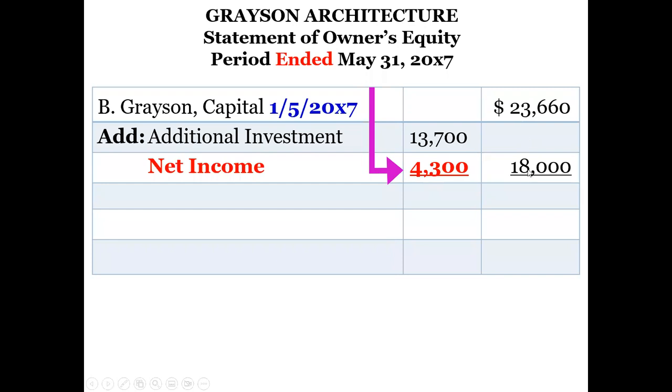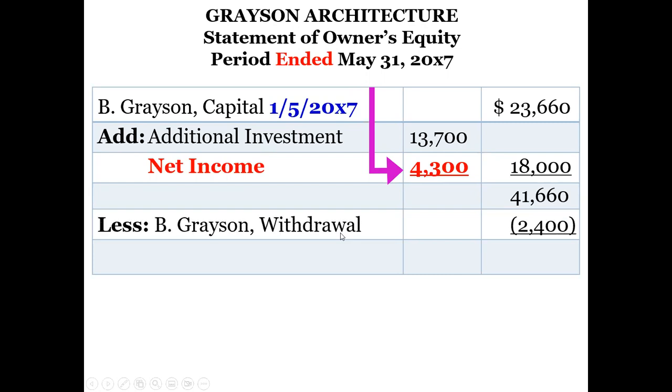We add that to our beginning capital, and that takes us to a total of 41,660. Then out of this 41,660, we are going to take the drawings. So less B. Grayson withdrawal of 2,400. And this now takes us to Grayson's capital at the end of May.